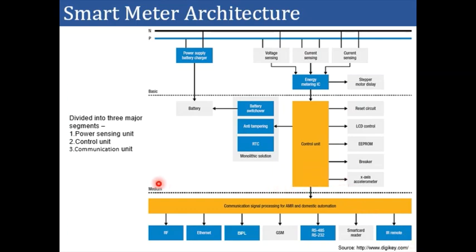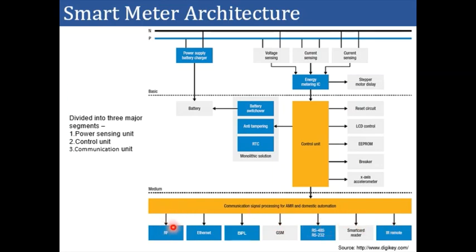So the third block, which is the communication unit, will receive data from control unit, and now the communication layer of the meter will see which aspect of the communication is enabled for the meter.